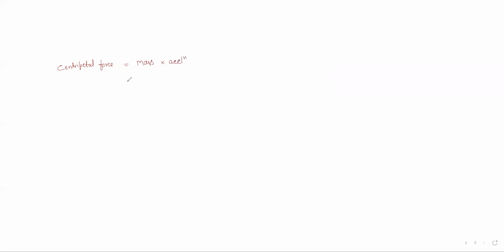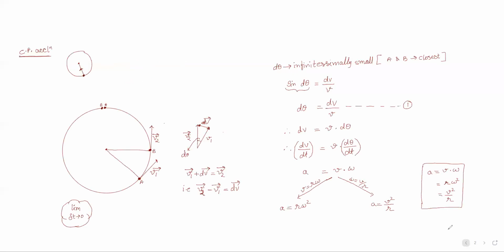If we substitute the value of this acceleration that we have derived earlier, we can get variants of this centripetal force like m v omega, or m r omega square, or m into v square by r.